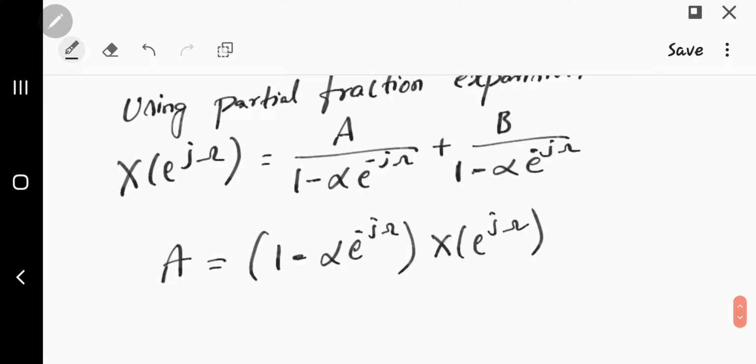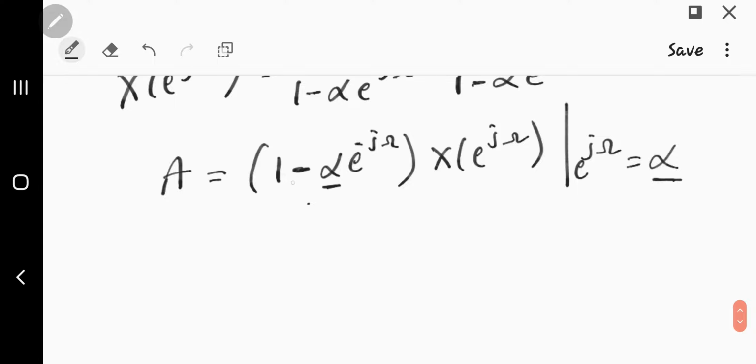That means you have to substitute x of e power j omega, where e power j omega is equal to alpha. After substituting x of e power j omega, e power j omega should be replaced by the value of alpha. It should be 1 minus alpha e power minus j omega, in this form only. If you have 1 plus, then it becomes minus alpha.